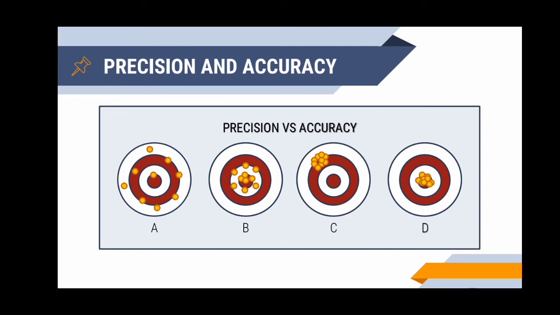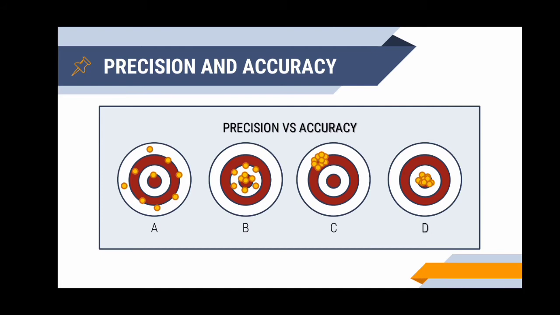But when talking about accuracy kasi, it reflects how close a measurement is to a known or accepted value. Yung precision naman, on the other hand, reflects how reproducible measurements are even if they are far from the accepted value. And kapag sinearch mo sa net, yung dalawang yan, may isang illustration na magdi-differentiate sa kanila.